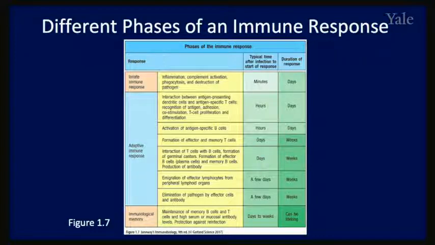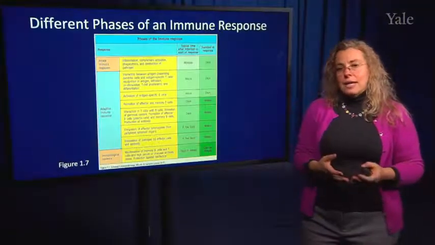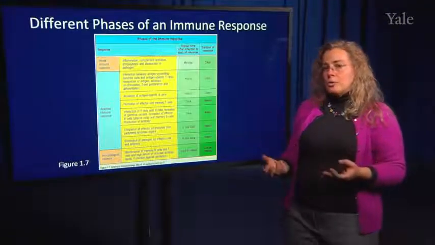And although the initial steps here are part of adaptive immunity, they're all orchestrated by the innate immune response, going and saying to the adaptive immune system, hey, there's a problem here. There's an infection. This is what I found at the infection site, and we need to make a stronger response.